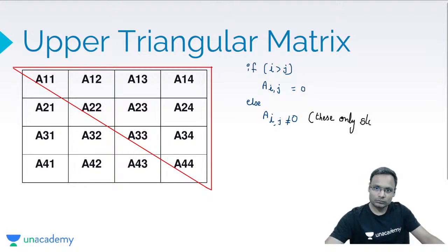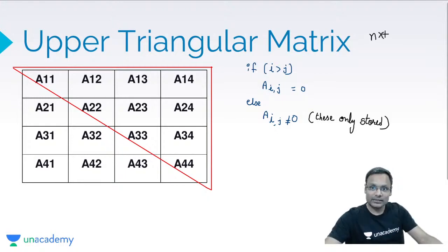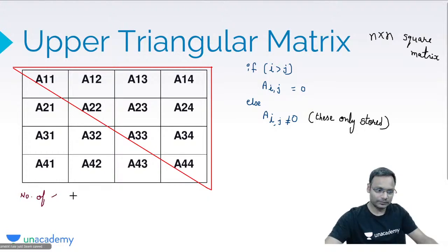Can you tell me how many elements you stored actually? If you have originally n cross n square matrix in the general, how many elements actually you are storing? Number of elements stored.